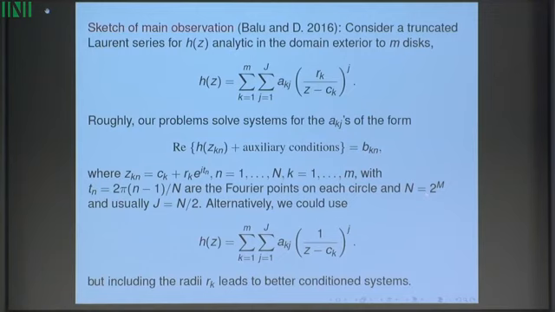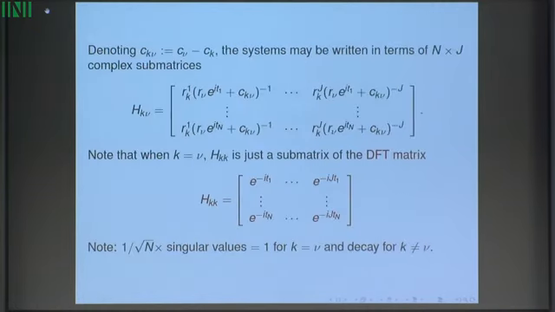The idea was to include the radii, which stabilizes things in a pretty obvious way once I show it to you. If you don't include the radii, it's not so well conditioned. And what happens if you include the radii here?